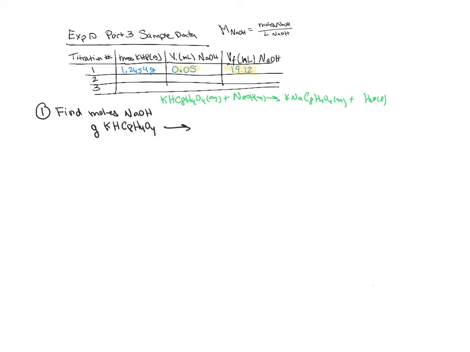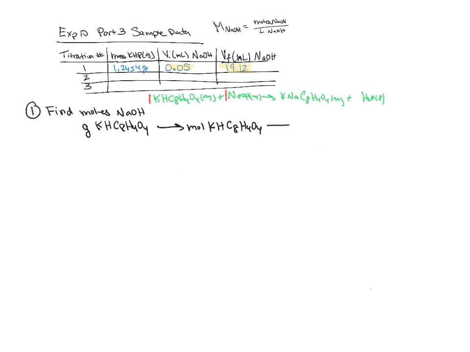I'm going to convert to moles of KHC8H4O4 because once I figure out the moles of KHP, I know from my balanced chemical equation, for every 1 mole of KHP, I've got 1 mole of NaOH. And then that allows me to go to moles of NaOH.